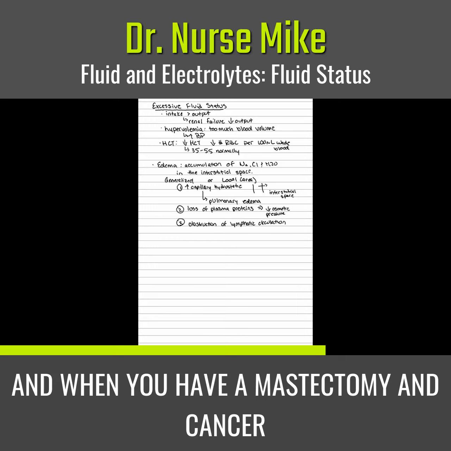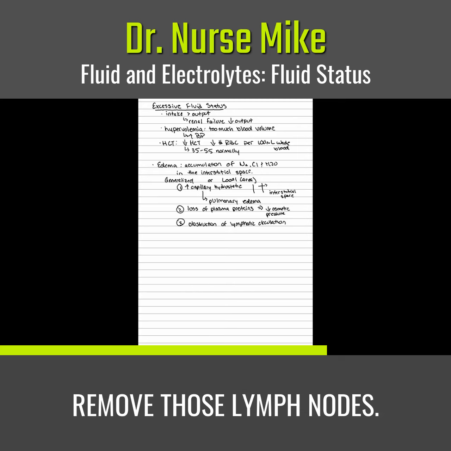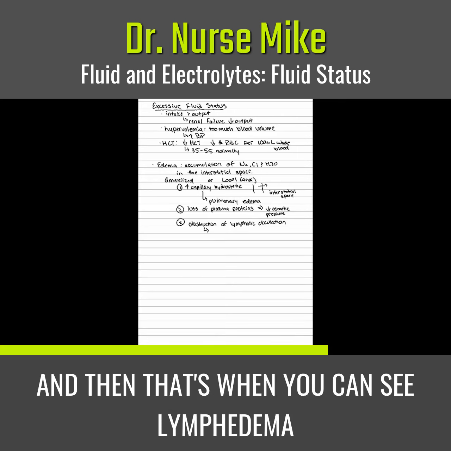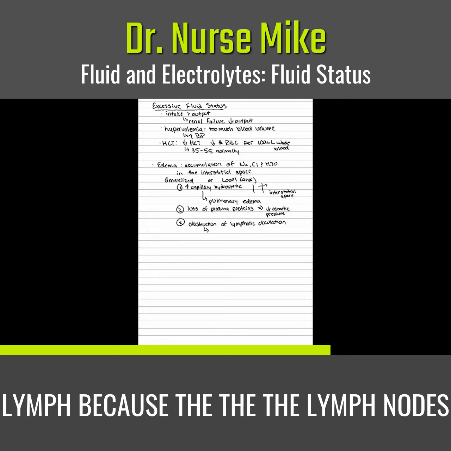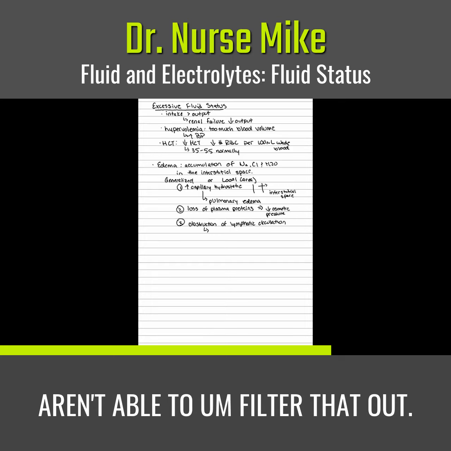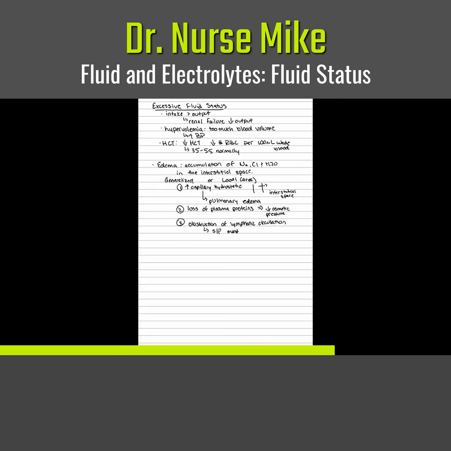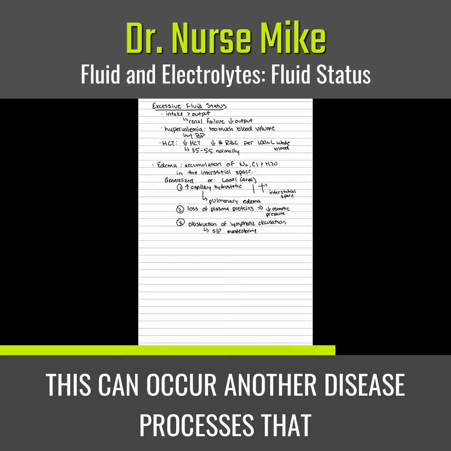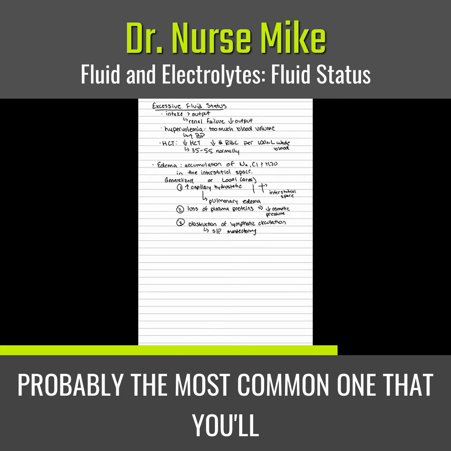When you have a mastectomy and cancer in those lymph nodes, they will often remove them, and that's when you can see lymphedema, or swelling caused by accumulation of lymph, because the lymph nodes aren't able to filter it out. This is most commonly seen status post mastectomy, though it can occur in other disease processes that impact the lymphatic system.